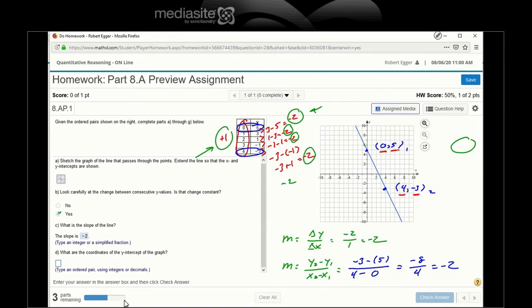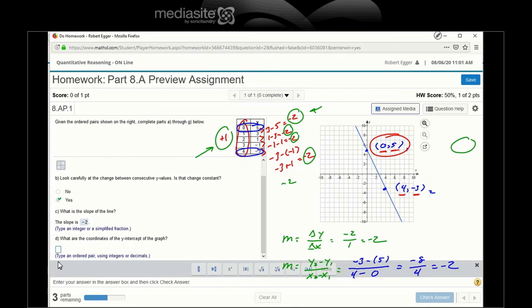Coordinates. When we say coordinates, we're talking about an ordered pair. So the coordinate of the y-intercept will be when x is 0. What is y?